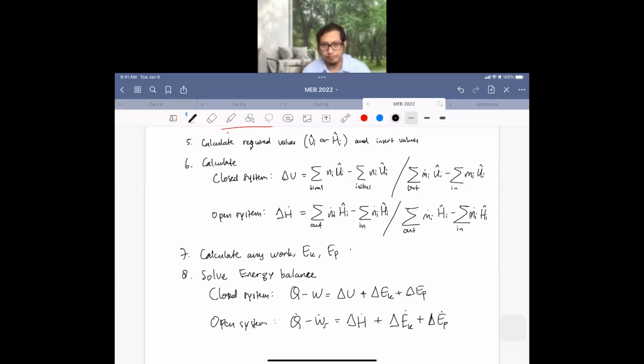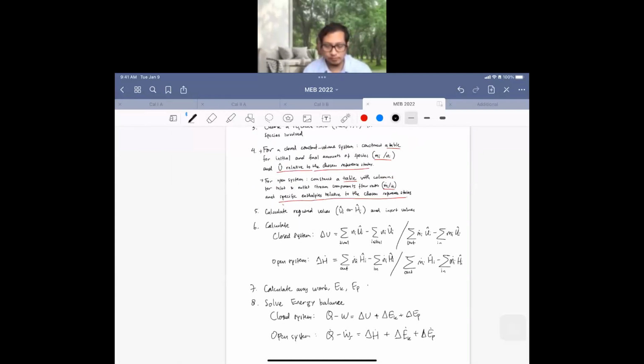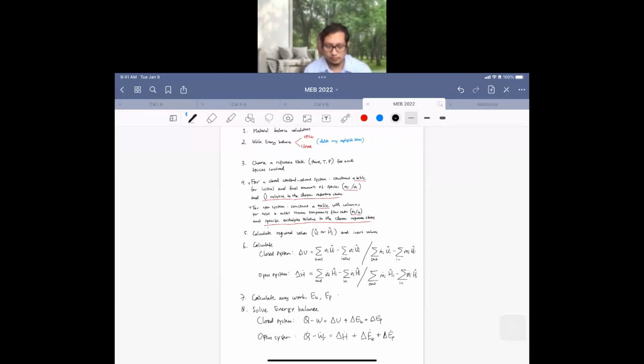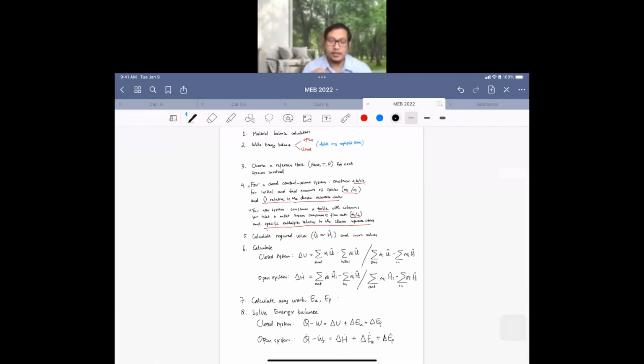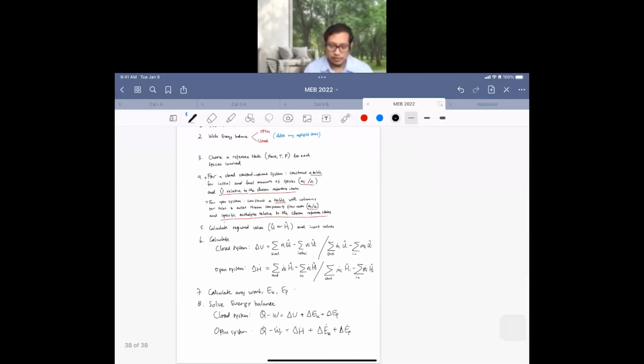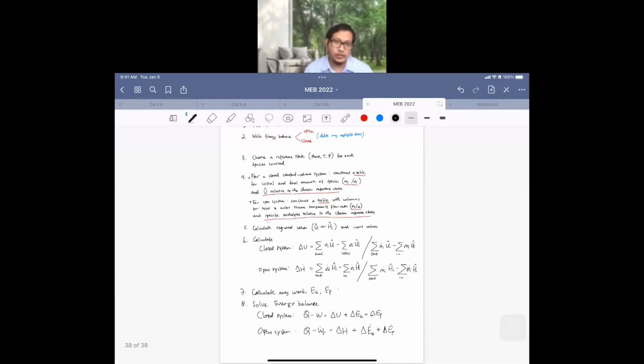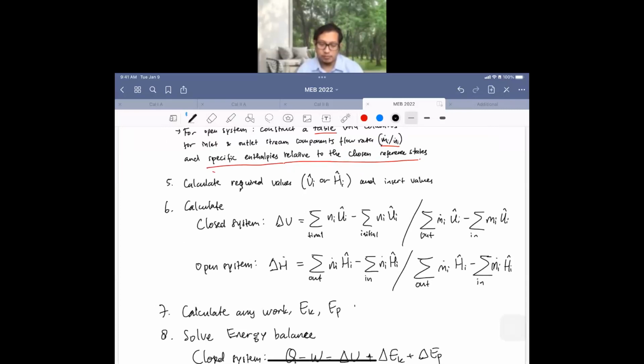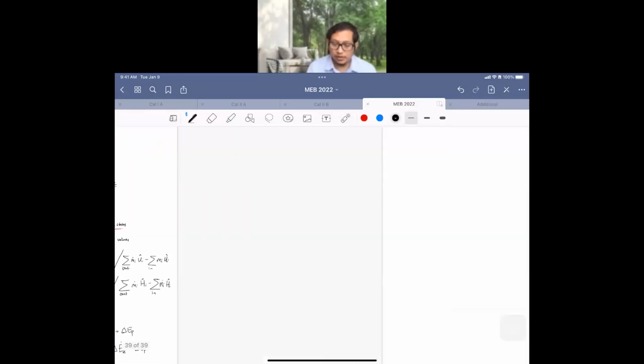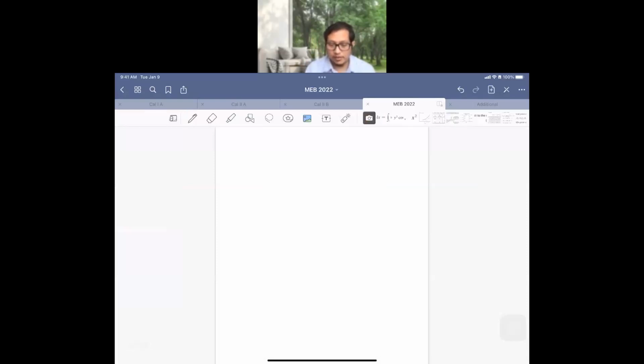Okay, so basically, this is a general procedure. If in between we need to construct a process path, that will be a different story. This will probably affect the internal energy or enthalpy.